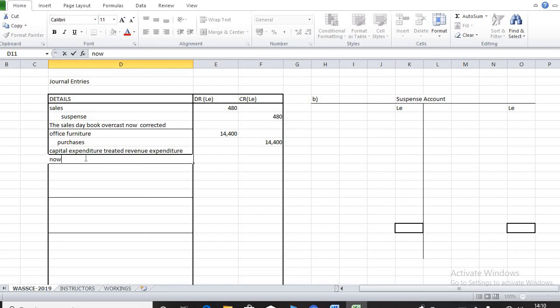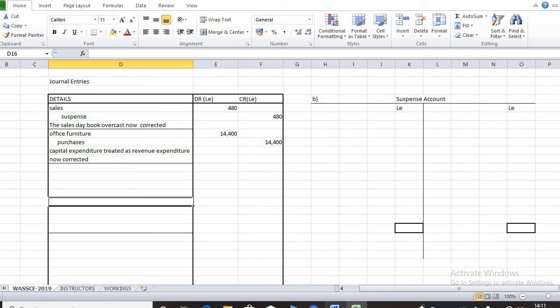Don't forget that, now corrected or rectified. So capital expenditure treated as revenue expenditure now corrected. And this will fetch you the full mark allocated for that.